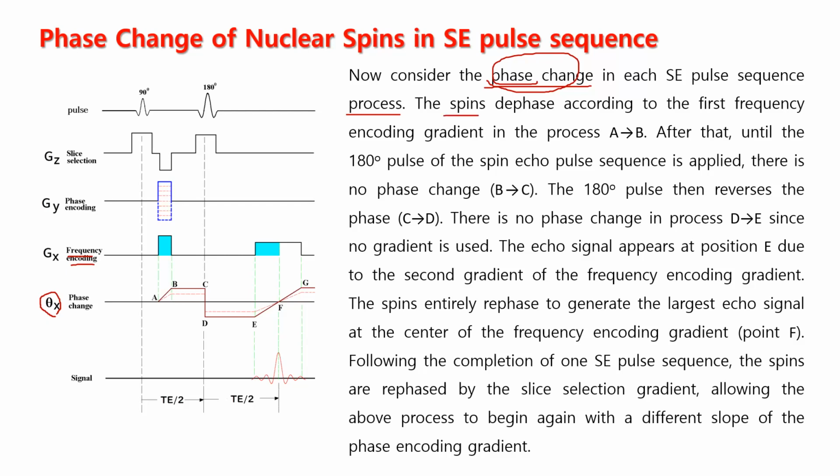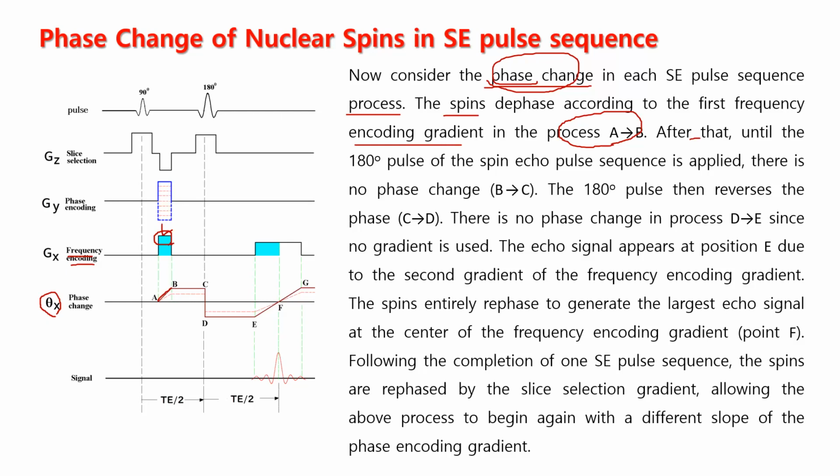The spins dephase according to the first frequency encoding gradient in the process A to B. So this first frequency encoding gradient dephases the spins. Okay? So the phase changes from A to B.